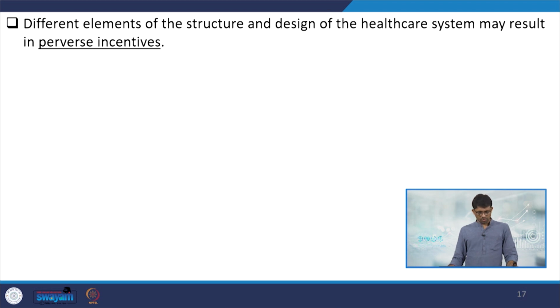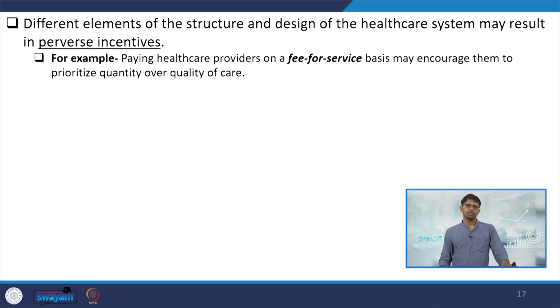Okay. So, different elements of the structure and design of the healthcare system may result in perverse incentives as well, like paying healthcare providers on a fee for service basis may encourage them to prioritize quantity over quality of care. Okay.